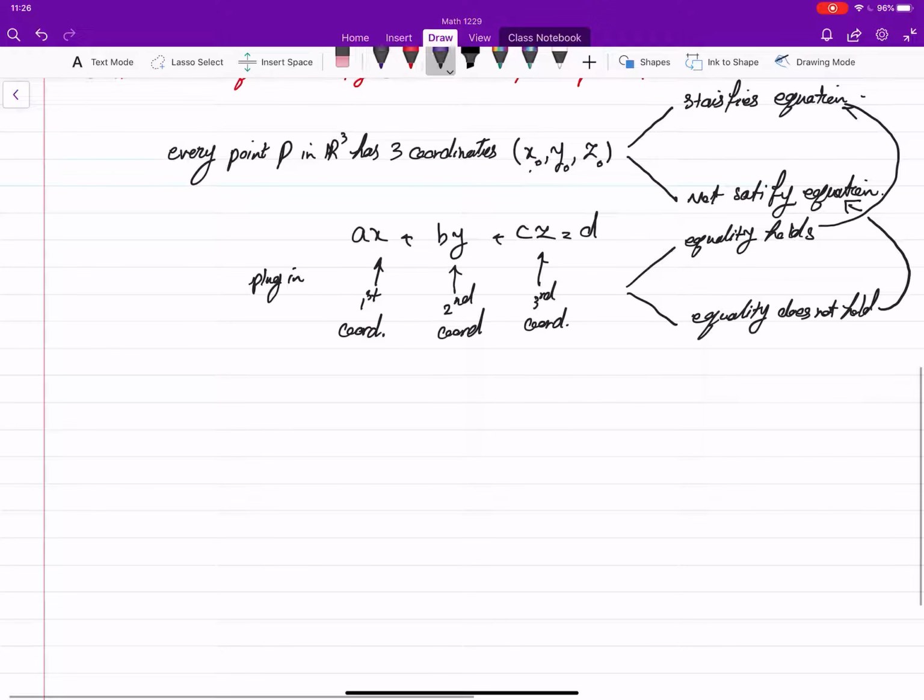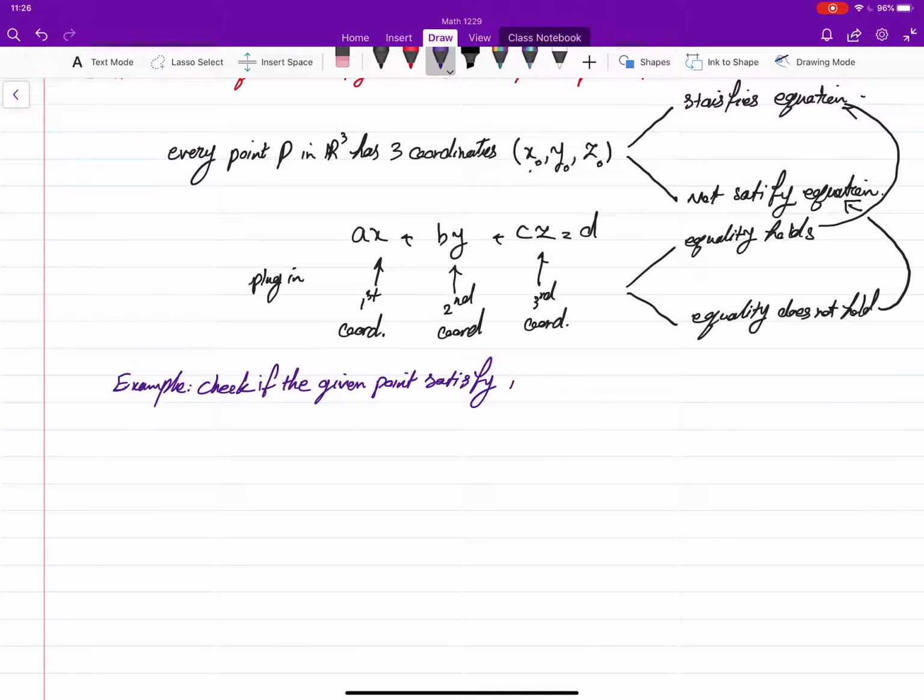Let's just do an example. Check if the given points satisfy the equation 2x minus y plus z equals 2. We actually have two points.